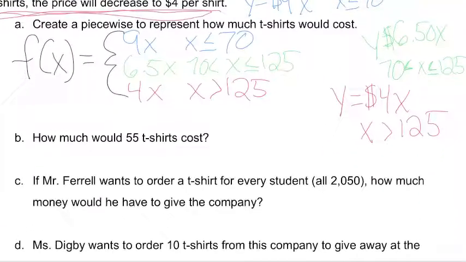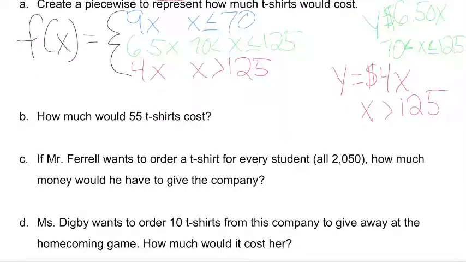So then we have to answer some questions with that piecewise. How much would 55 t-shirts cost? So that is referring to x equaling 55. Well, looking at our first step, is that 55 less than or equal to 70?